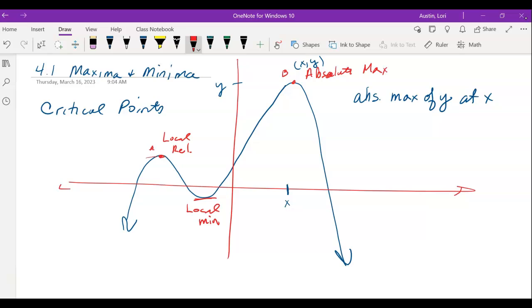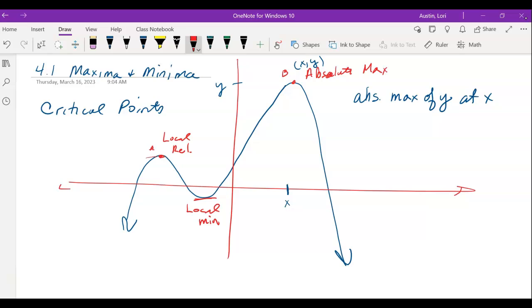The other thing that can change how we look at the minimums and maximums is we can restrict the domain. Right now, we're looking at the entire function. That means we're looking at the domain negative infinity to infinity, right? What if I changed it to a closed interval?